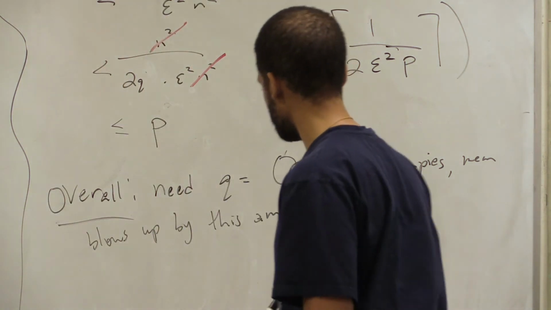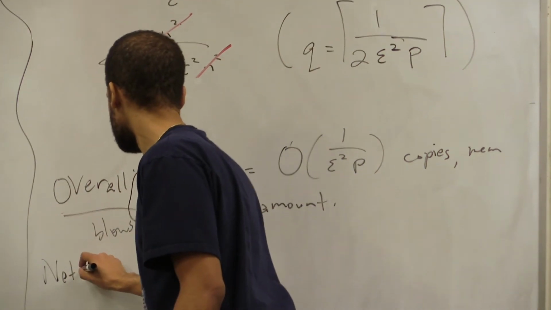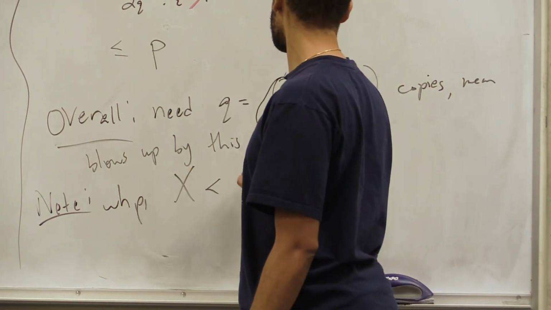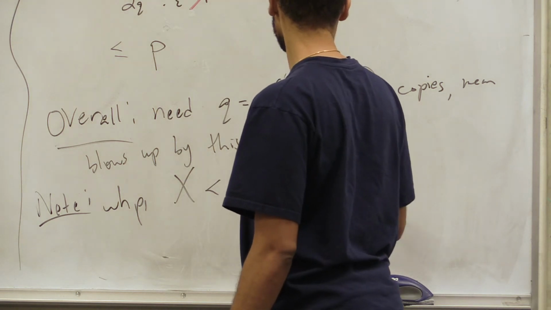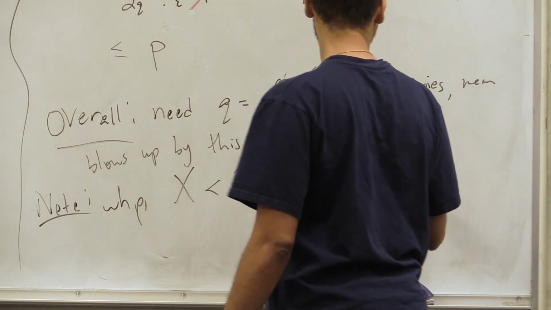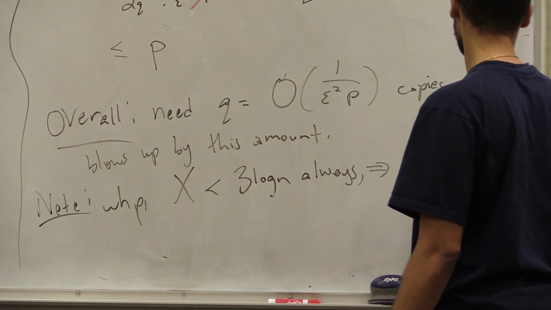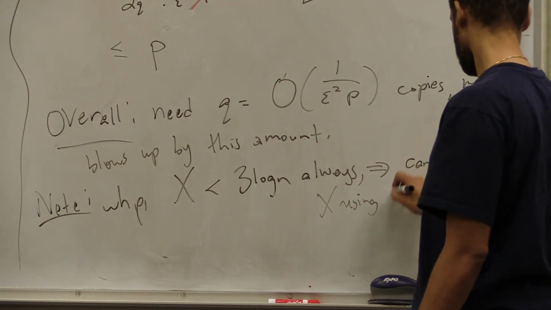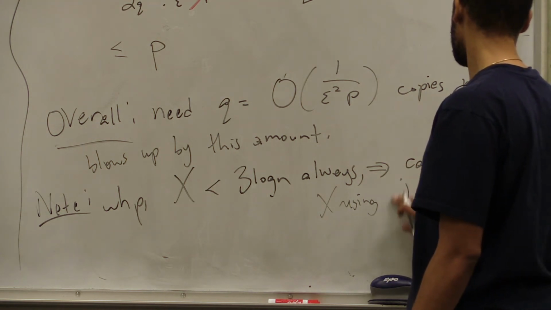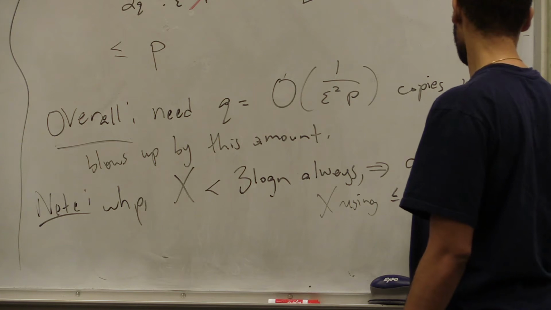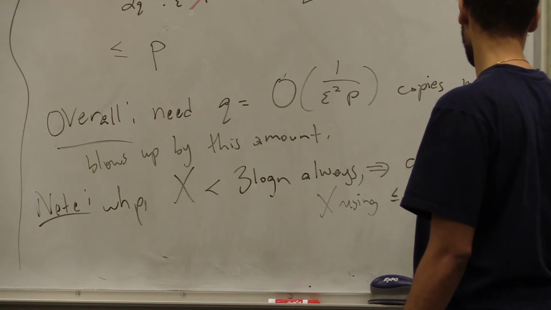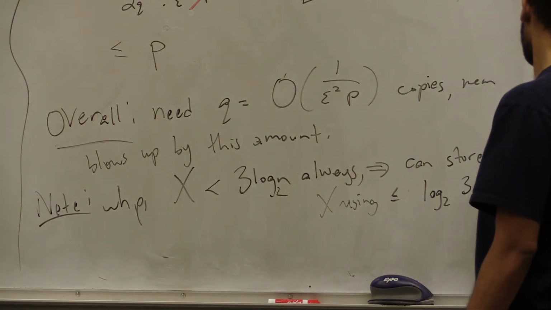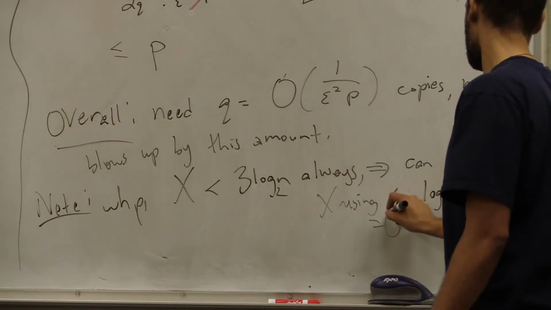So note, with high probability, x is always less than 3 log n, which implies I can store x using at most log base 2 of 3 log n bits, which is O of log n bits.